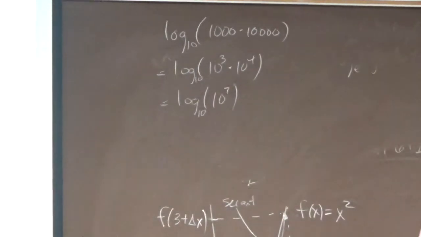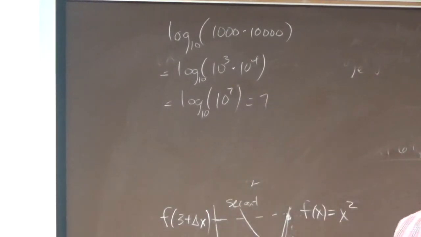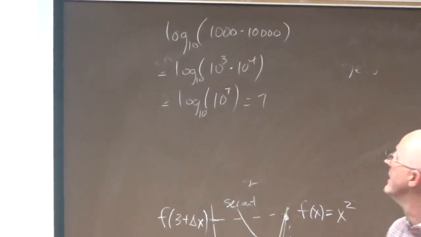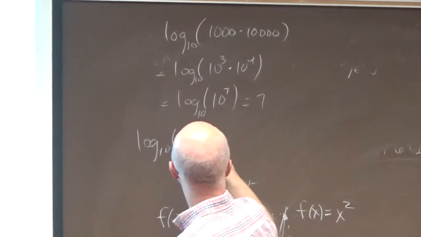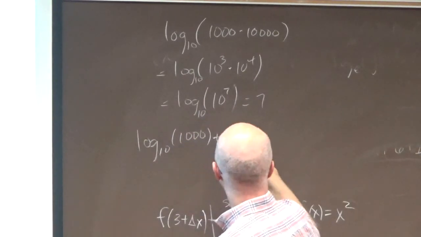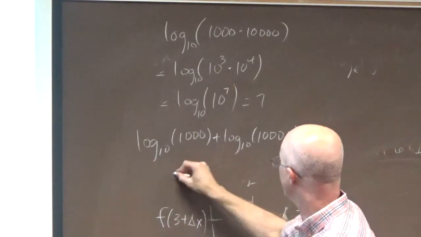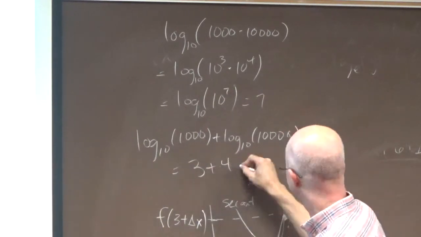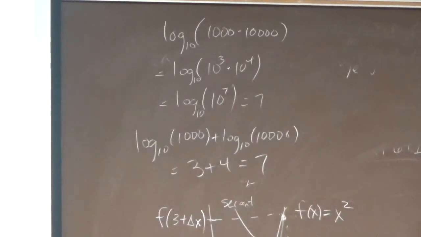What do I need to raise 10 to, to get 10 to the seventh? I need to raise it to the seventh power. This is 7. That equals the sum, log base 10 of 1,000 plus log base 10 of 10,000. It equals 3 plus 4. That's also 7. So thinking about examples is helpful.